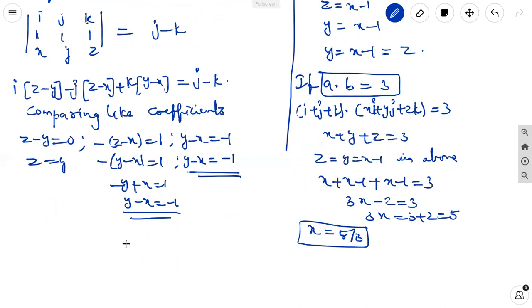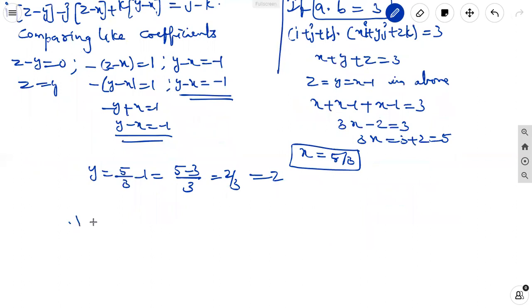X equal to 5 by 3 means Y equal to 5 by 3 minus 1, that is 5 minus 3 by 3, equal to 2 by 3. This is also the Z value. Therefore, the B vector is equal to X i plus Y j plus Z k.